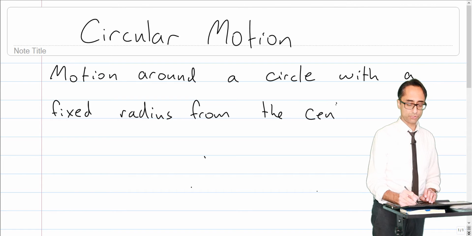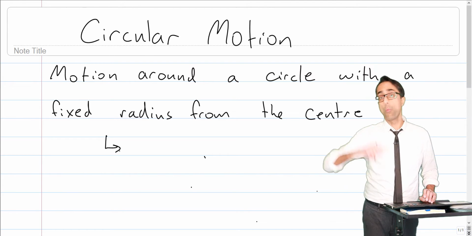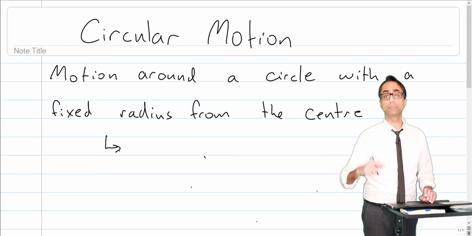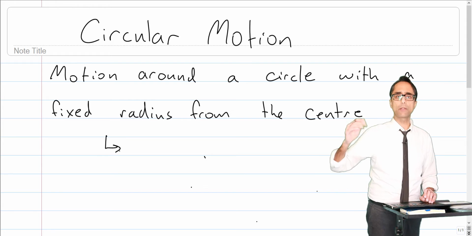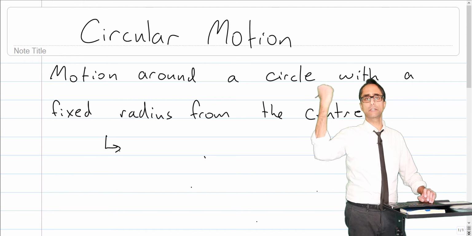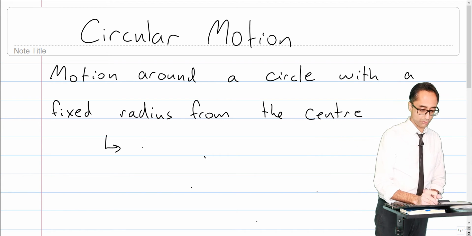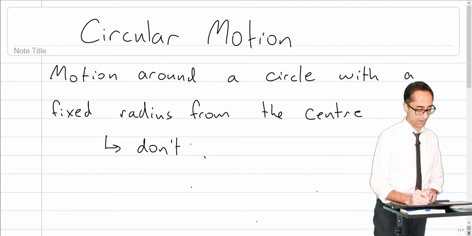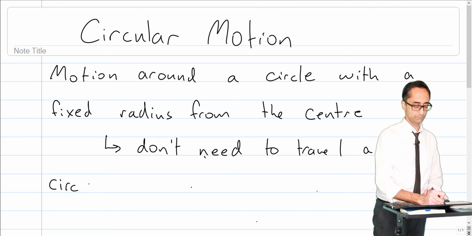But when we're talking about circular motion, we don't need to think about going around one full circle. Our object can go around many times, hundreds of times, thousands of times, or even part of a circle. Going around a quarter of a circle, like my fist here from here to here, is circular motion. That is part of circular motion. You don't need to travel a full circle for circular motion.